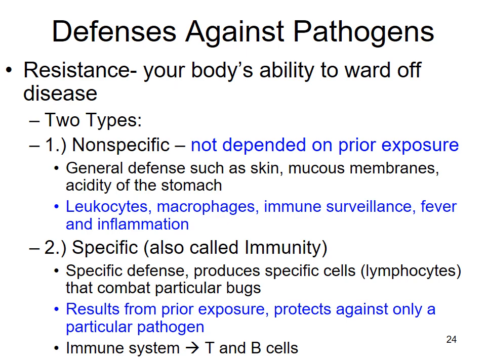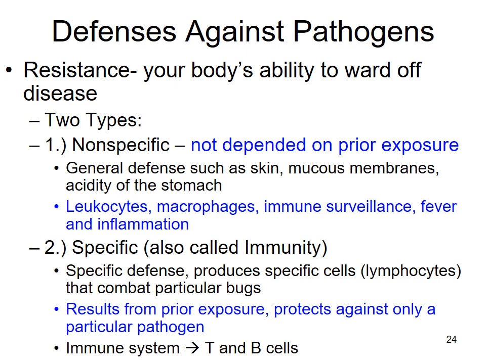A non-specific defense is a defense that all of us have. We're all born with it. It doesn't require any prior exposure. We're all going to respond to it and utilize it the same way. So these are going to be things like your skin, that it's an external barrier, your mucous membranes with the production of the goblet cells that will hold on to any type of pathogen that comes near the orifices of our body, things like having a fever, having inflammation, having our general white blood cells.